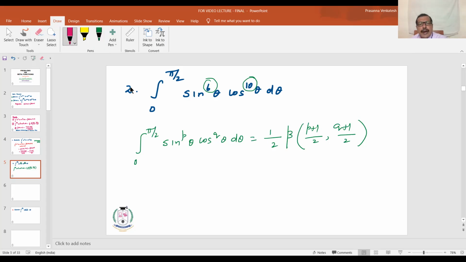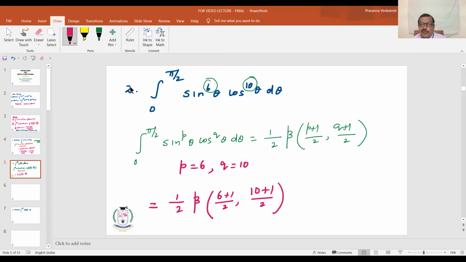So comparing this, we get p is equal to 6, q is equal to 10. So this problem reduces to 1 by 2 times beta of (6 plus 1) by 2 comma (10 plus 1) by 2, which is equal to 1 by 2 beta of 7 by 2 comma 11 by 2.